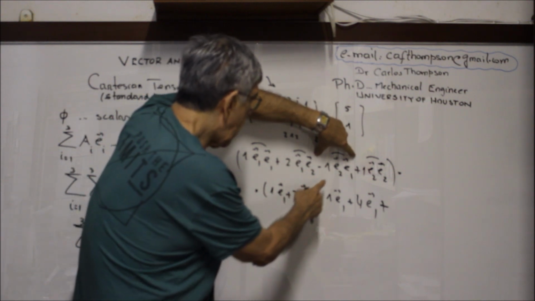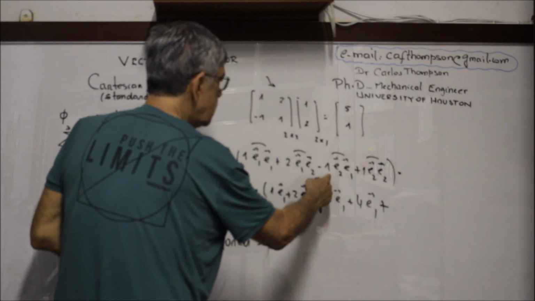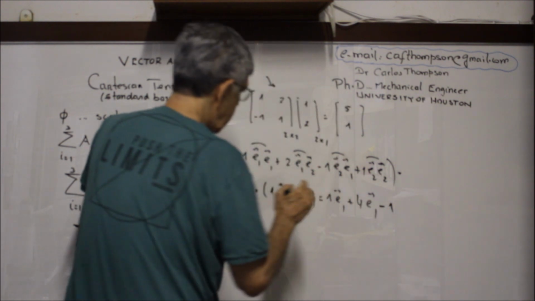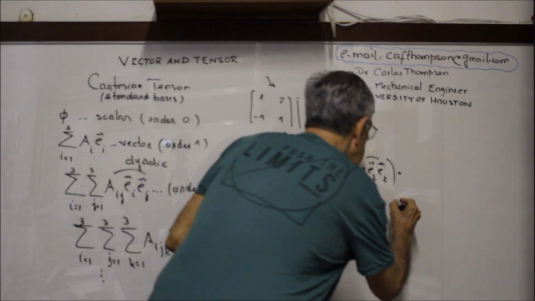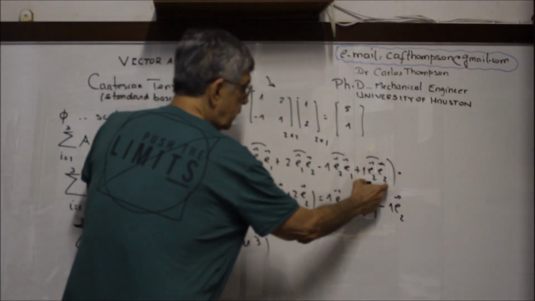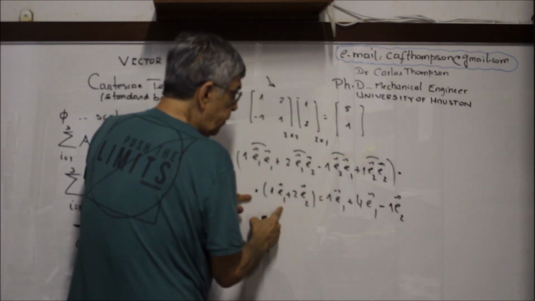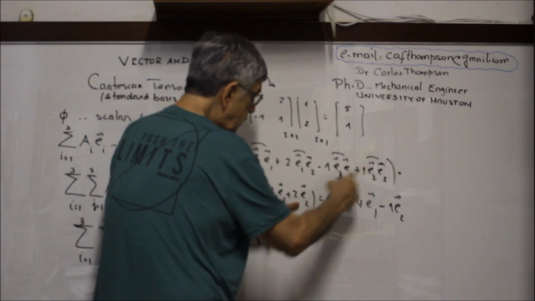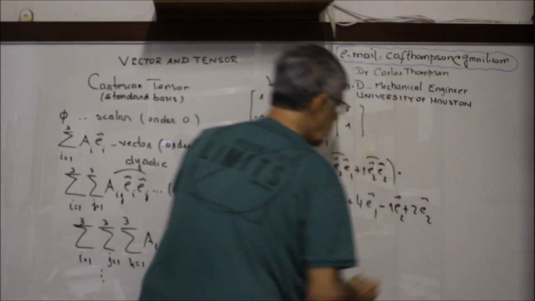Now what is left is E2 over here. So this is minus 1 E2. Now, the last one, this term dot this term: E2 dot E1 will be 0, but E2 dot E2 will be 1. So, 1 times 2 is 2, plus 2 E2.